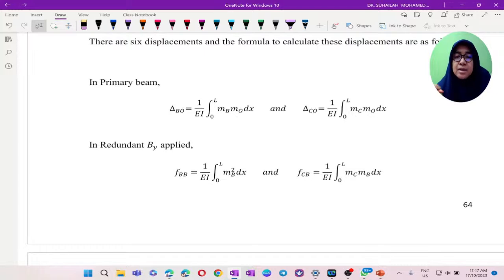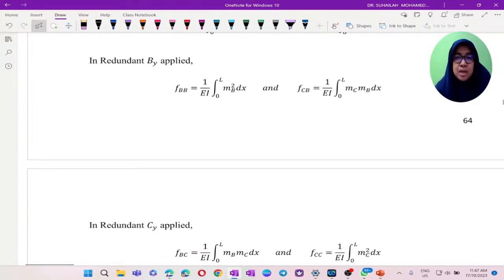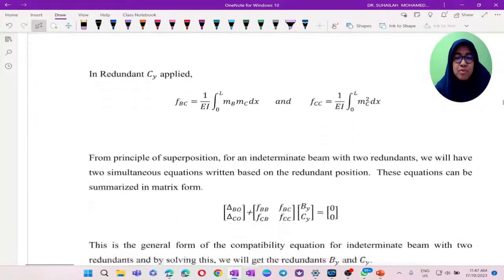Due to that, we just need to use the notation. If it is B naught, B naught means MB M naught. If we change the label to 1 naught, it means M1 M naught. So this is all the formula, and I believe everyone has understood it.